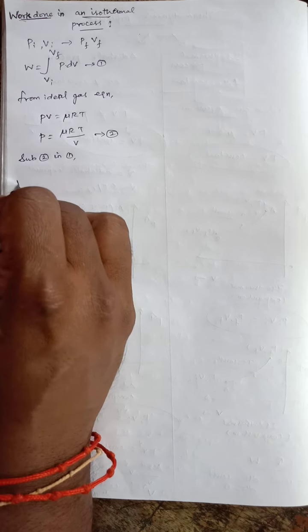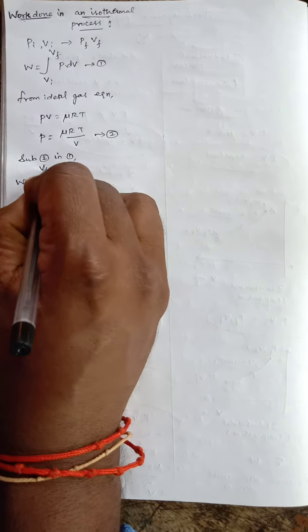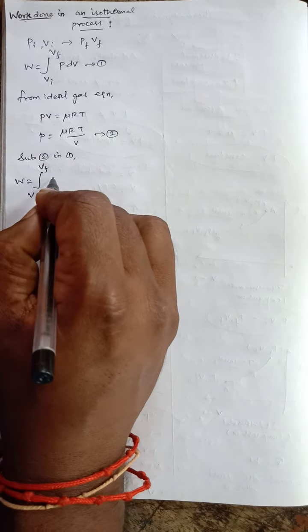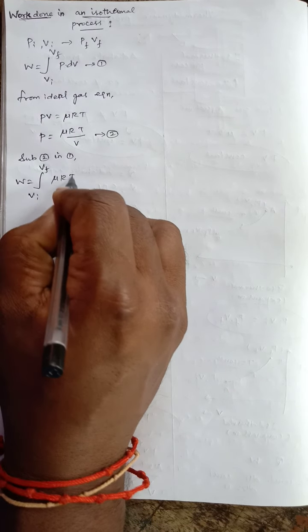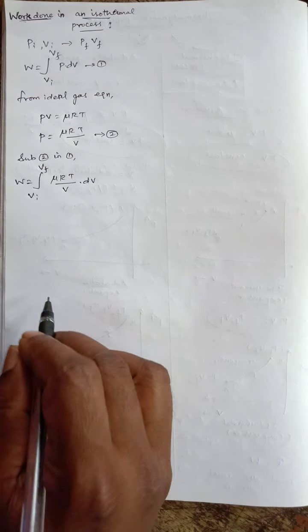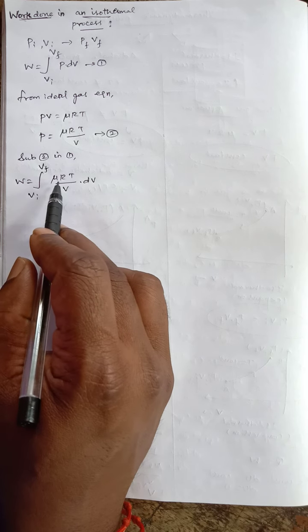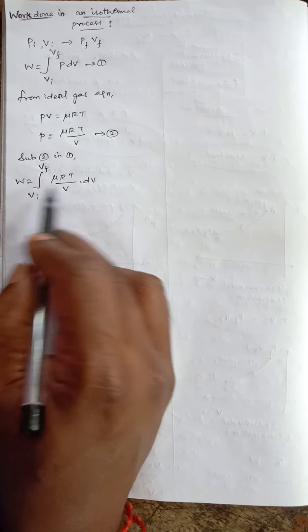So we have work done is equal to the integral of limits Vi to Vf, with P written as mu RT by V into dV. Here volume is the only variable, the other things, mu RT, are constant, so take them out of the integral.